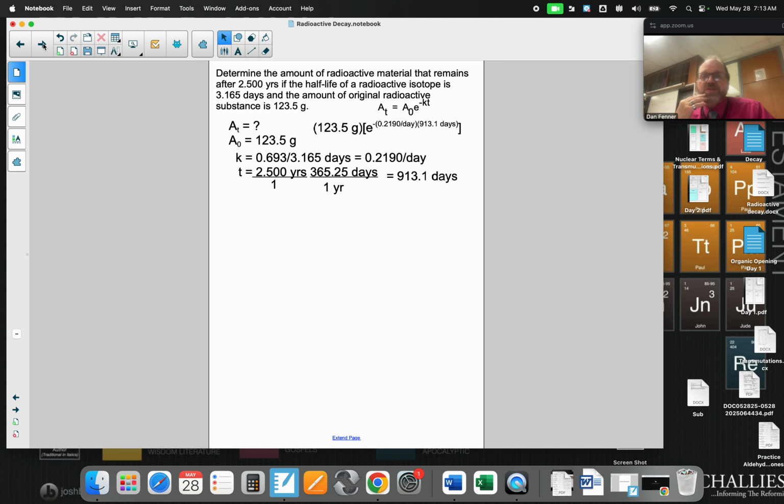So let's put our values in. A sub t equals A sub 0, which is 123.5, times e raised to the negative 0.2190 per day times 913.1 days. Now, when we use our units here, we can see the days cross out, and we're left with grams. Now, there are two types of calculators you can have. You can have the one that scrolls across the top.